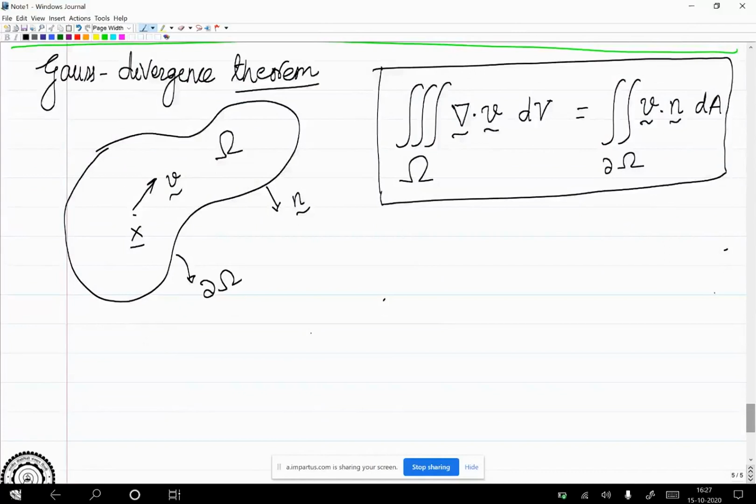So we are just following mathematicians. They use del to denote the boundary. If the domain is omega, then if you put a del beforehand, it becomes a boundary. So in this case, it's a 3D body and the boundary is the surface.